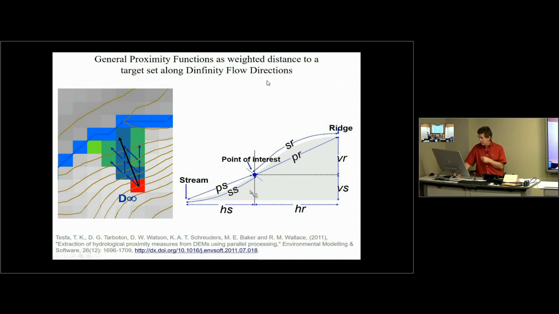And you could also get the distance from the ridge. And if you've got the distance from the ridge and the distance from the stream, you can say this is the point I'm at on the hill slope. So that's a useful geomorphologic quantity. Sometimes people say, am I halfway down the hill slope? Am I right close to the stream? So these give you ways to start quantifying those.